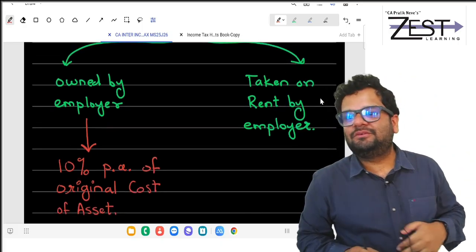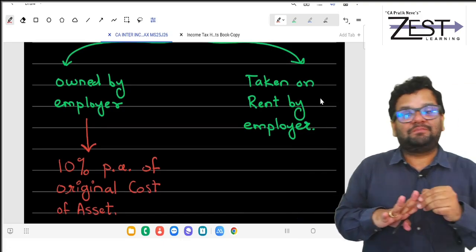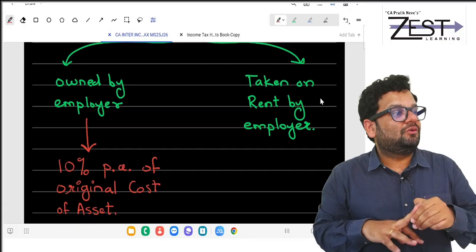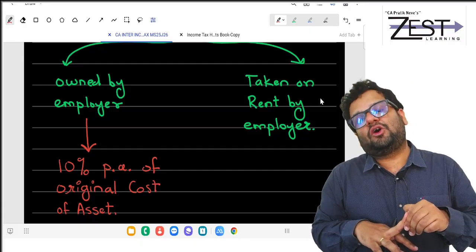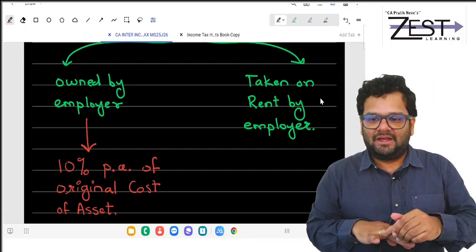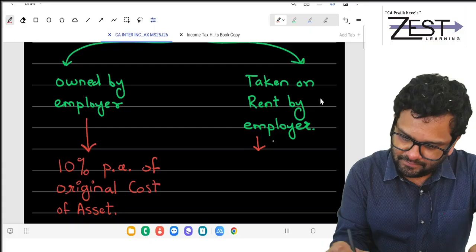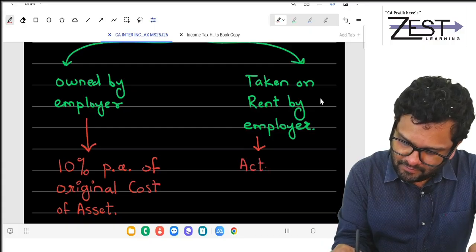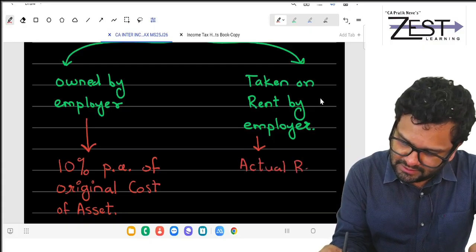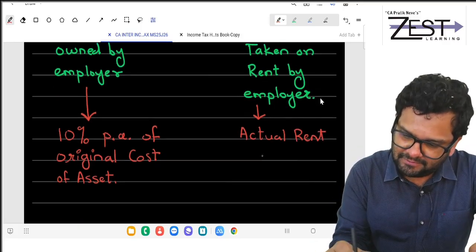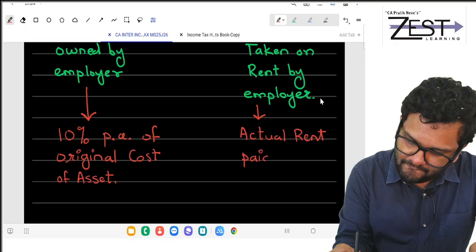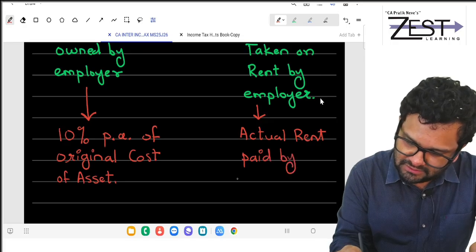What is the value? 10% per annum of original cost of asset. And friends, if it is taken on rent, then actual rent paid by, of course, employer.